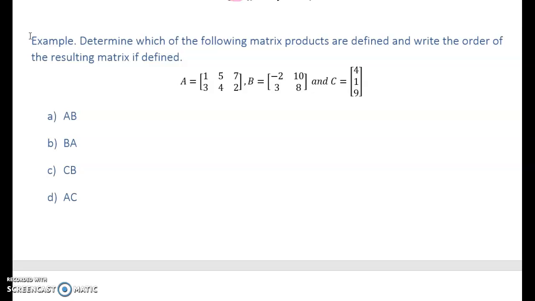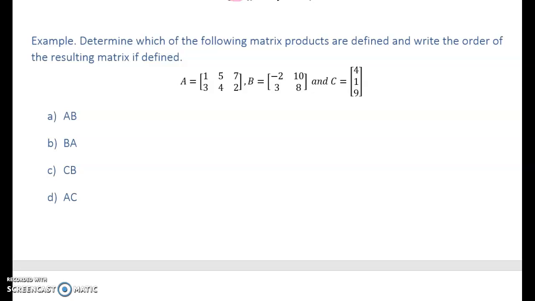So we have to determine which of the following products are defined and write the order of the resulting matrix if they are defined. So we're looking for ones that fit the first requirement where the columns of the first matrix and the rows of the second matrix are the same. So let's have a look at the first one. We've got A. Let me pick a decent pen color.